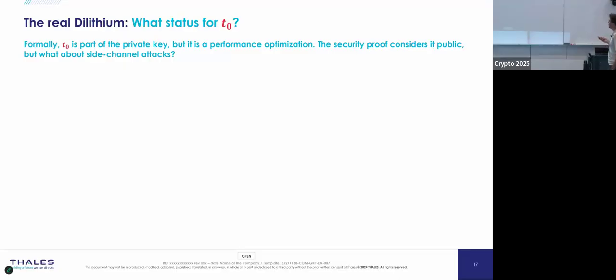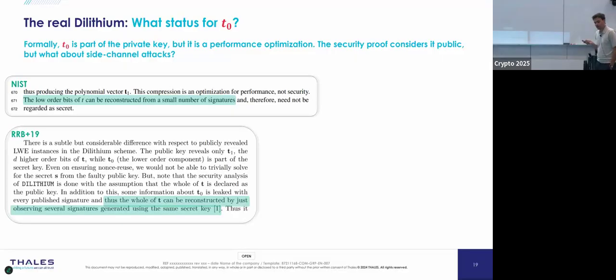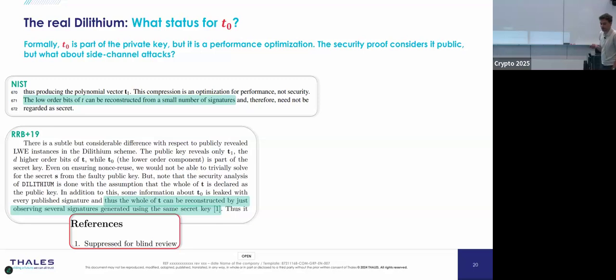But the question of why we should be concerned about retrieving T0 is for side channel attacks. Because if we look at the theoretical paper around Dilithium, we see that there is no known way to recover T0 from Dilithium signatures or in any other way.